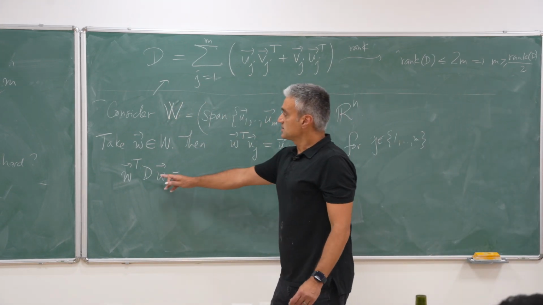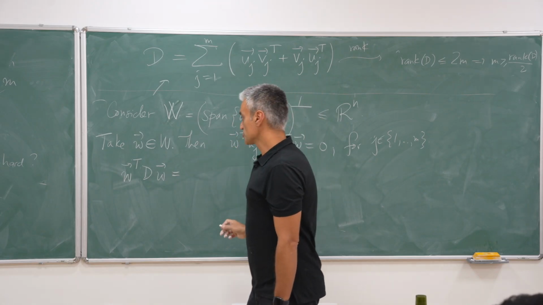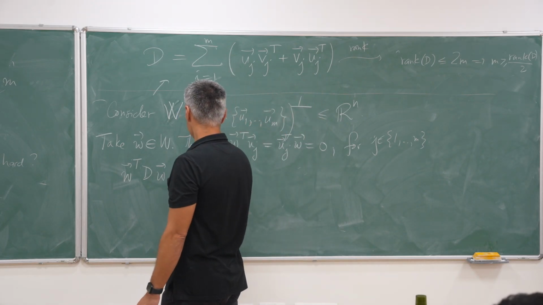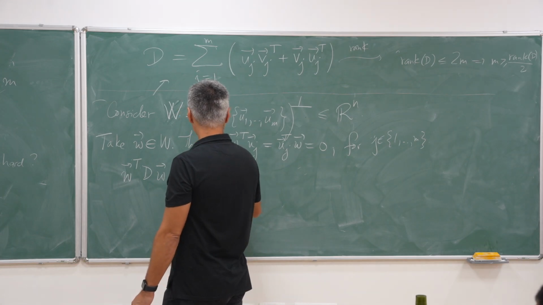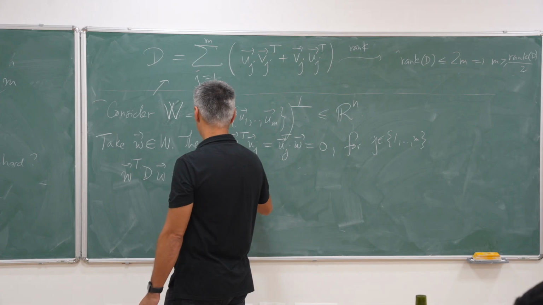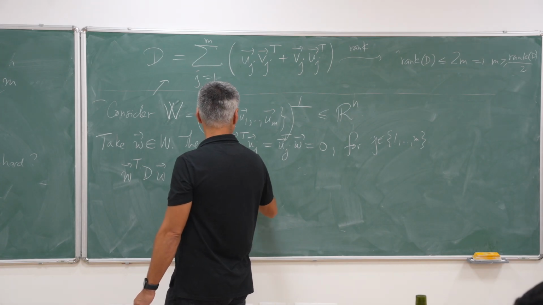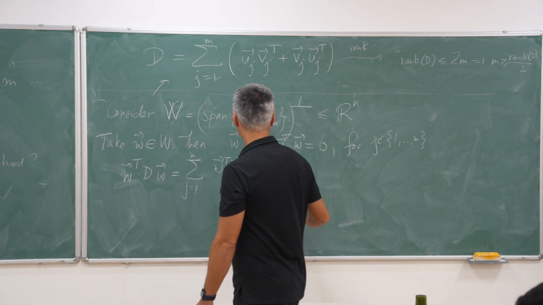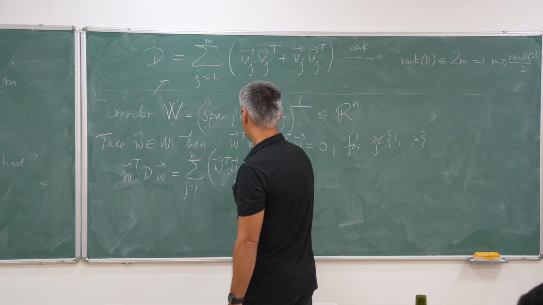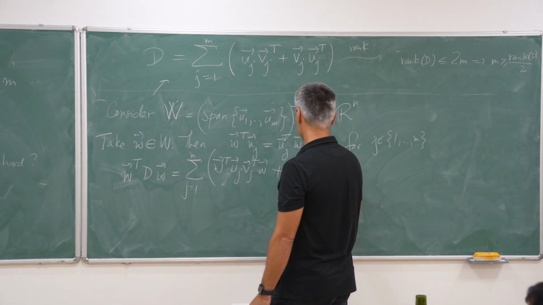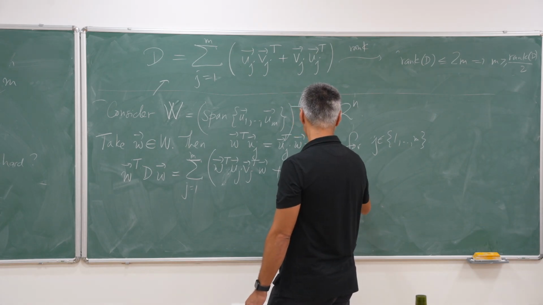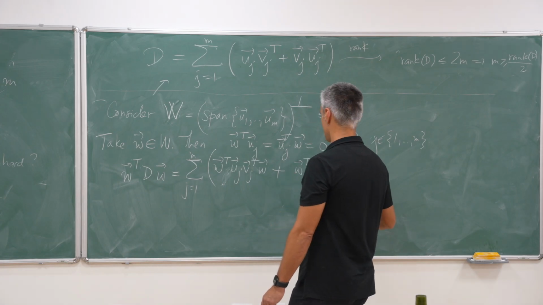I will replace D by this, so this will be a summation from j equals 1 to m of w transpose uj vj transpose w plus w transpose vj uj transpose w.